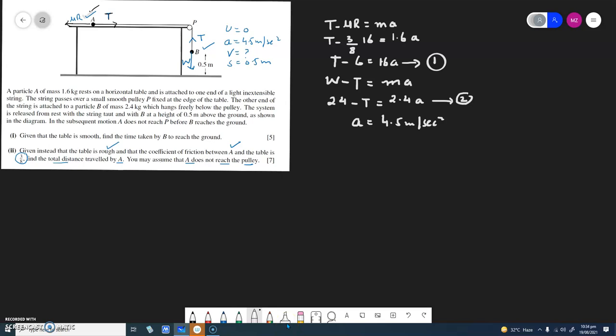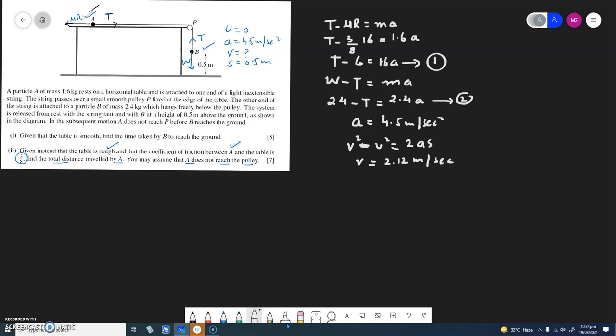Now we will be using the equation v square minus u square is equal to 2as. Now putting all the values in this equation you will get the value of v, and that will be equal to 2.12 meters per second.